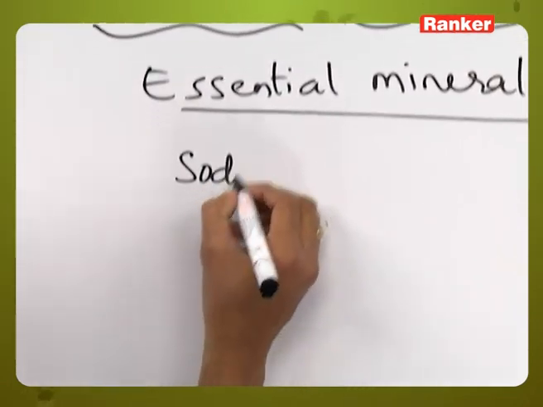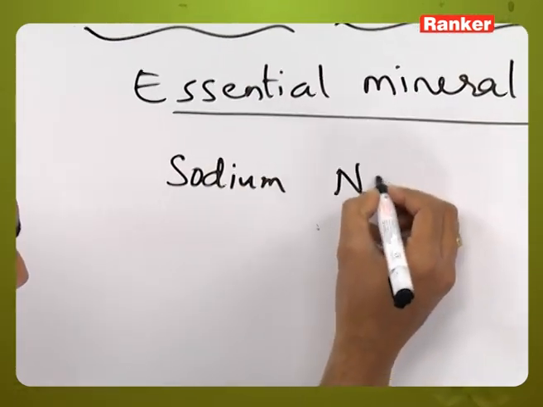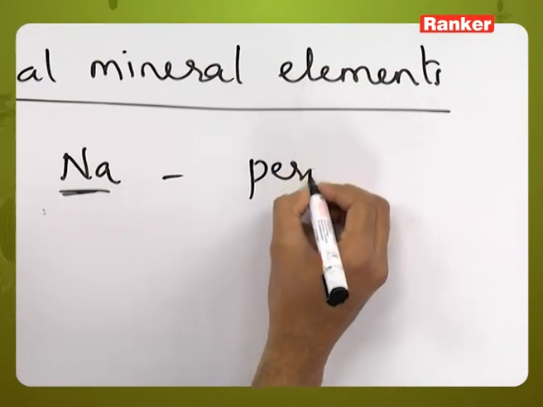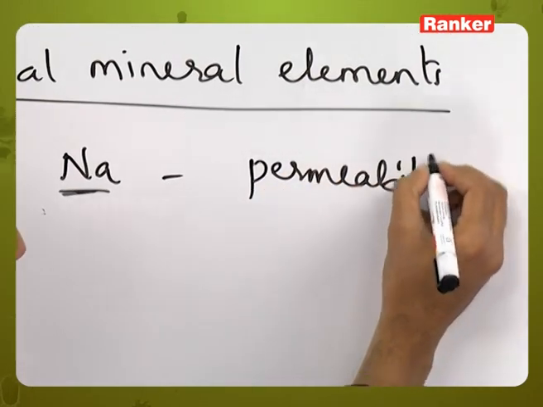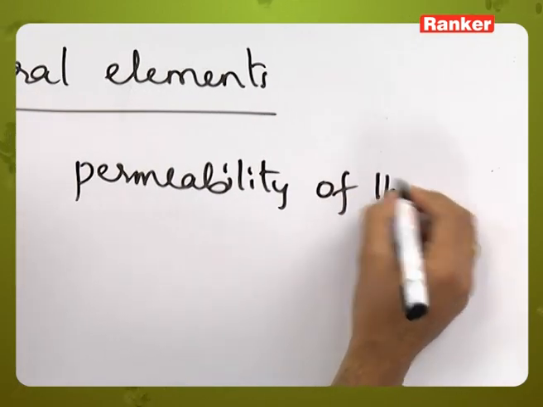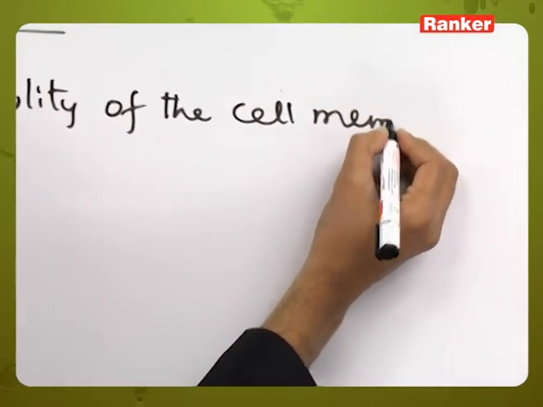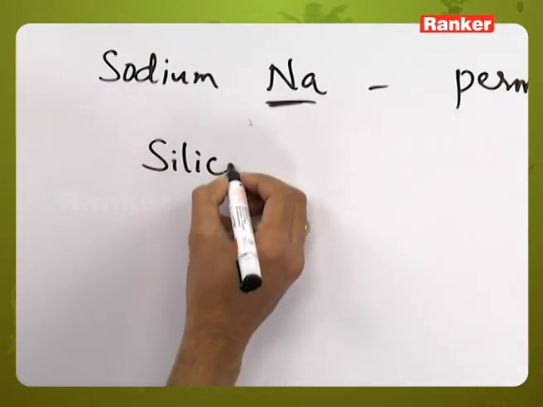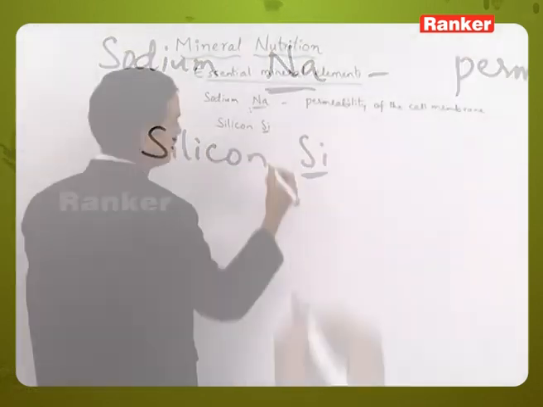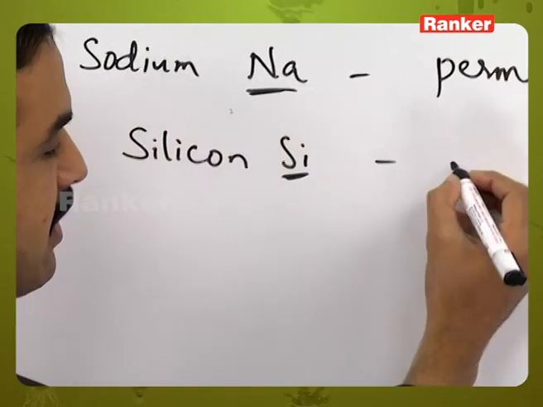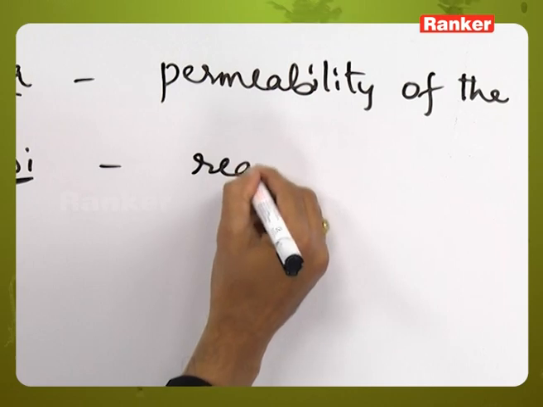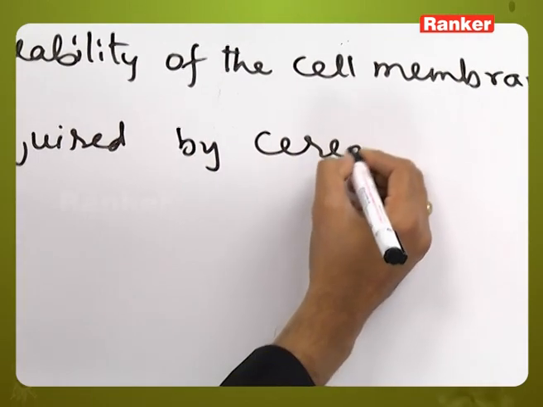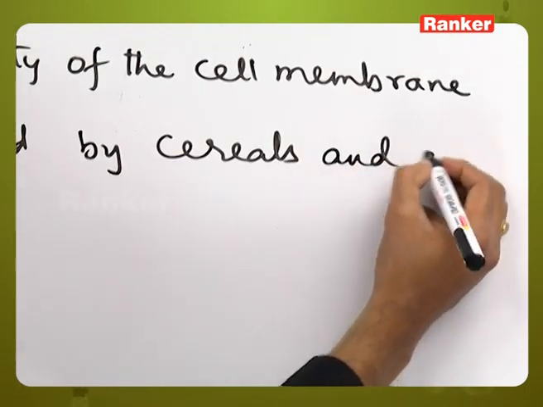That is sodium, represented by the symbol Na. This is required for the permeability of the cell membrane. In the same way, silicon, represented by the symbol Si, is required by cereals and grasses.